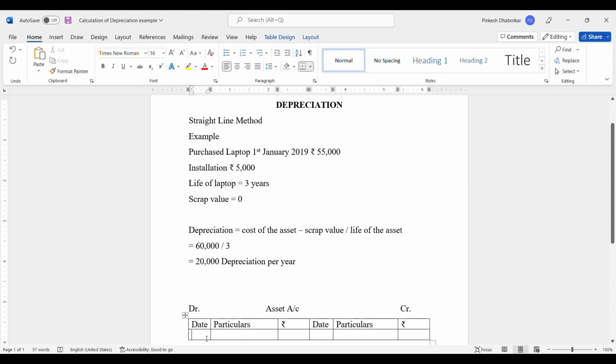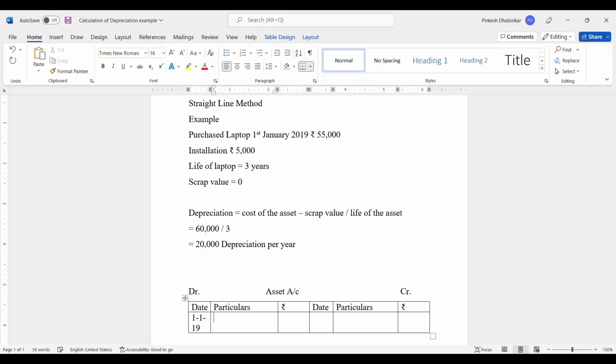On 1st January 2019. So entry will be to bank account. Amount, how much I have spent to purchase and install. We have spent 60,000 rupees. Done with the first entry, opening entry, bank account.